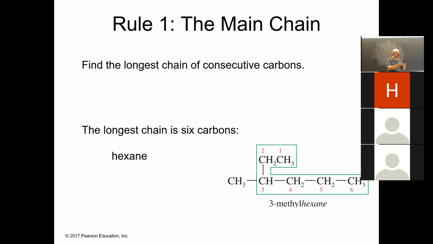Okay, and as the model kit accurately predicts, we do have free rotation. So I'll add a few more here. Okay, so 1, 2, 3, 4, 5, 6.